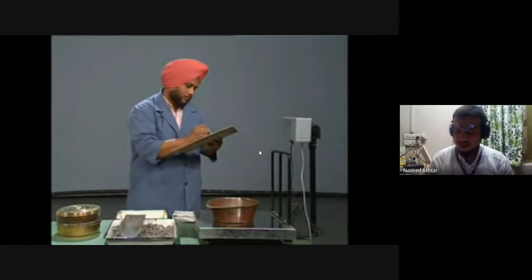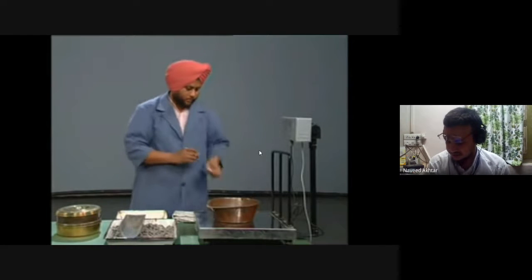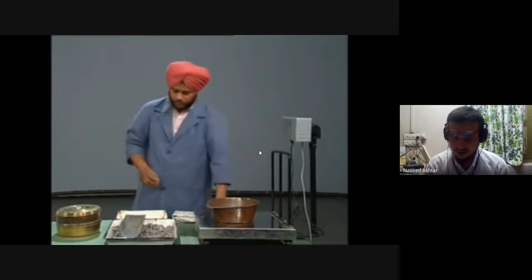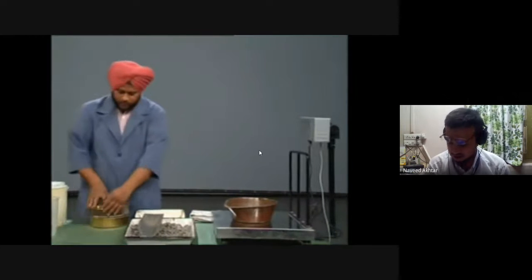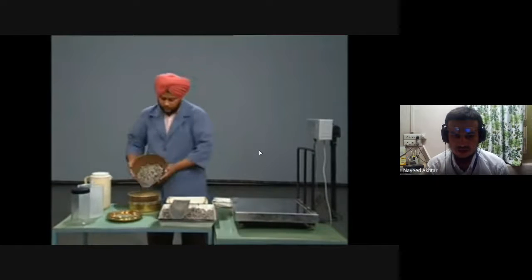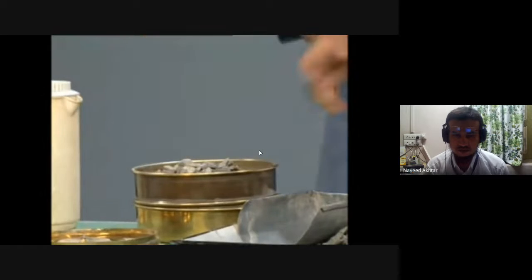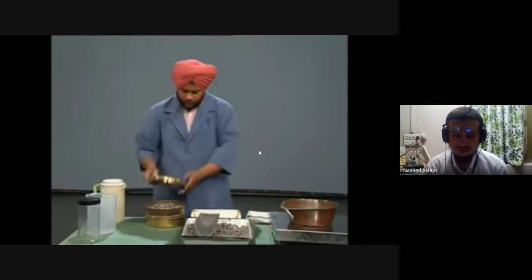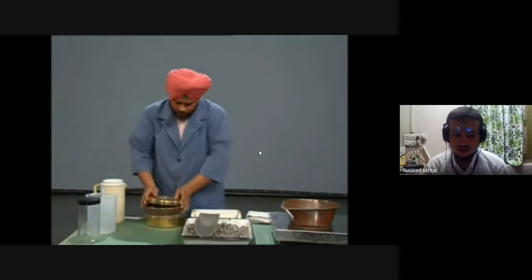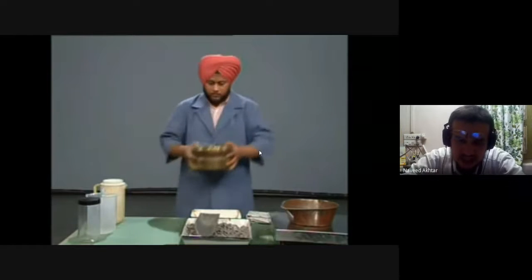You can take 1 kg or 2 kg of aggregate; generally we take 2 kg of aggregate for this sample. Then you have to sieve the sample on the 10 mm IS sieve, because the particles larger than 10 mm are taken for this test.